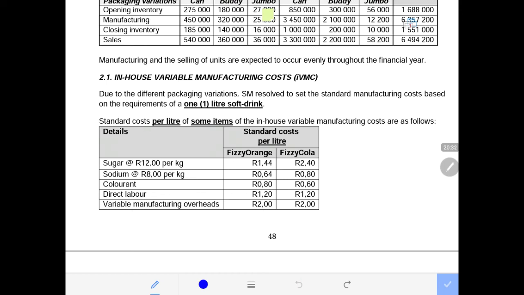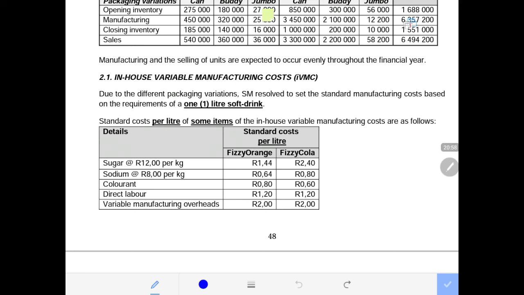We have the standard cost per liter of some items of the in-house variable manufacturing cost that are provided to us as follows. We have the sugar, sodium, colorant. These are the primary ingredients that are mixed. Remember, this information is per liter. We need it per unit. We don't produce 1 liter.